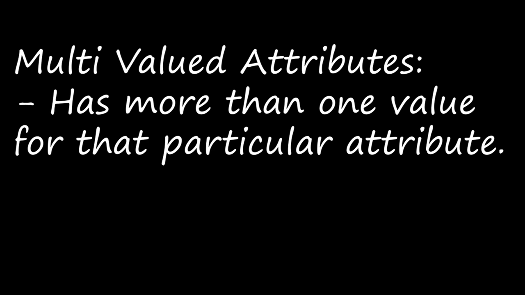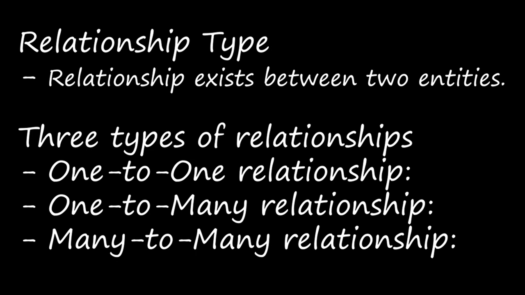Understood? And the next one we are going to see is relationship types. In this ER model, a relationship exists between two entities. Okay, 3 types of relationships are there. First one is one-to-one relationship, one-to-many relationship, many-to-many relationship. First, let's see what is one-to-one relationship.